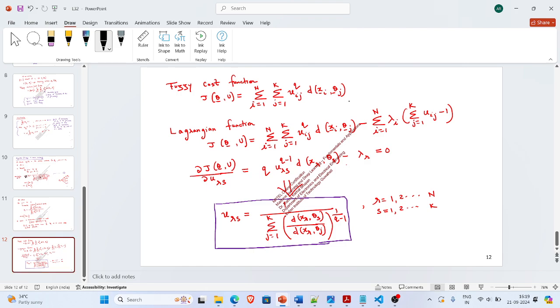So this is our cost function, as you can see, we have defined it before. We are trying to find the derivation of this membership grade. This is an optimization problem. The constraints we change into an unconstrained optimization problem using a Lagrangian multiplier.